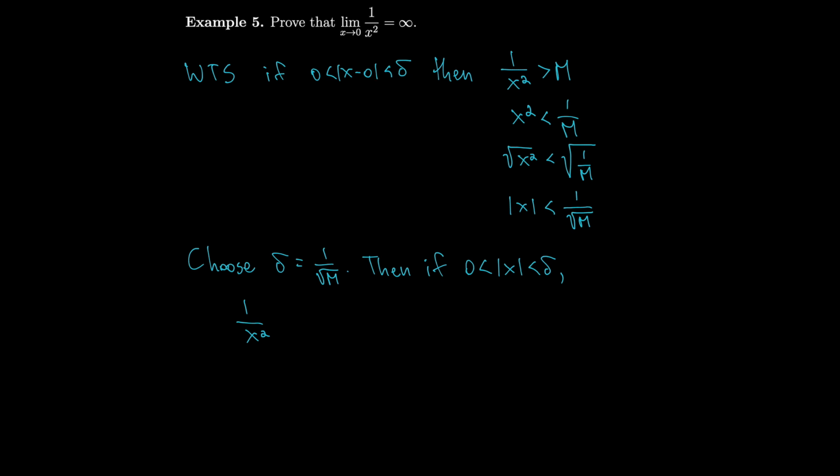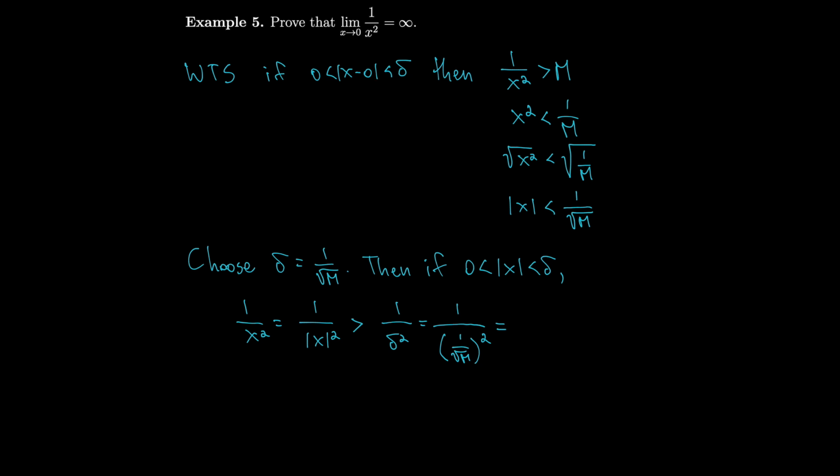We want that to be bigger than M, but 1 over x squared is the same as 1 over absolute value of x squared, which we know is bigger than 1 over delta squared. And we chose delta to be equal to 1 over square root of M, so this is 1 over 1 over square root of M squared.